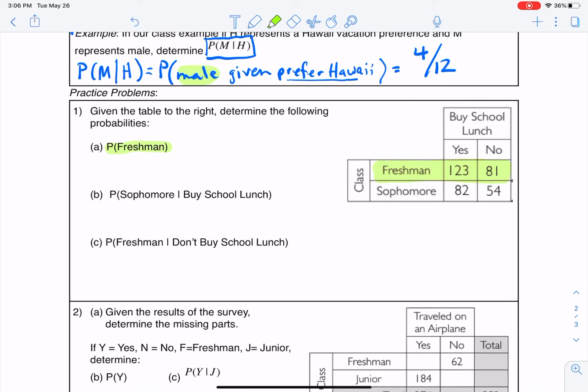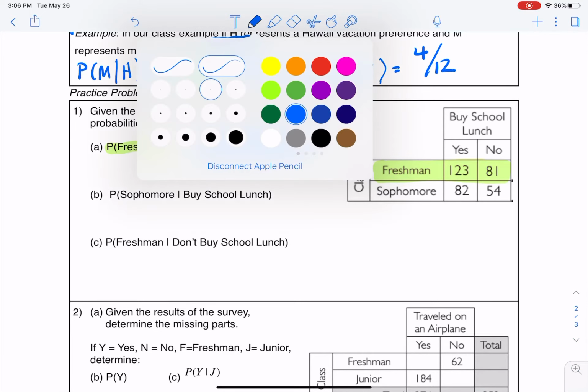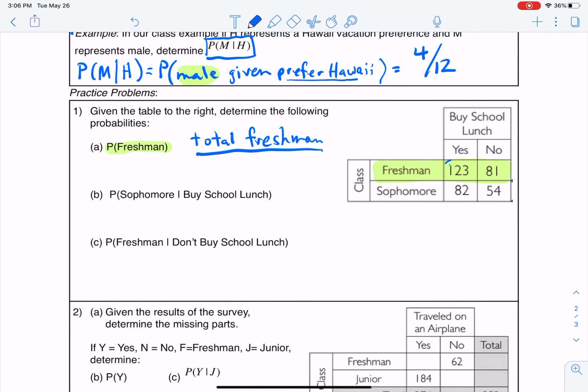So that's going to be total freshmen. And I would need to put that on top of all the students that were surveyed total. So I would need to add together everyone involved in this survey.